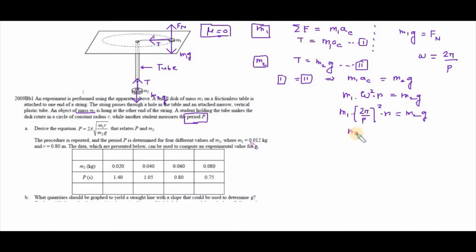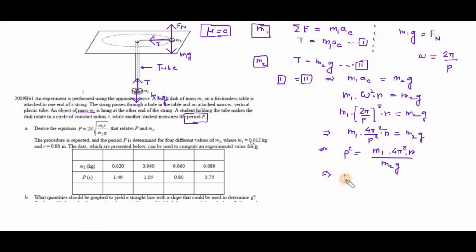Now let's simplify this equation. m1 times 4 pi square upon P square times r equals m2 g. Now let's make P the subject. So P square becomes m1 into 4 pi square into r upon m2 into g.